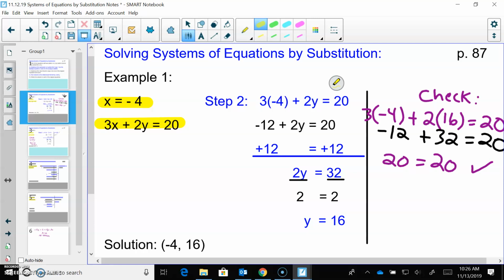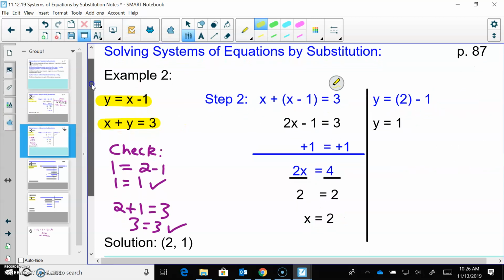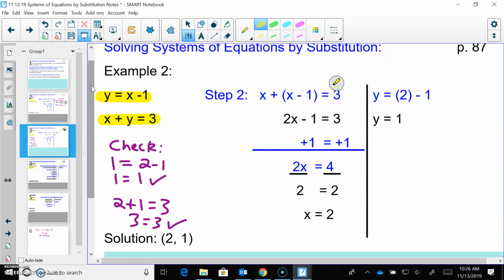So the first example was a lot easier than the ones to follow. So the next one, example 2, is y equals x minus 1. They give me that, and x plus y equals 3. So again, we're going to look to see if one of my equations says x equals or y equals. So in this case, the top equation says y equals x minus 1.